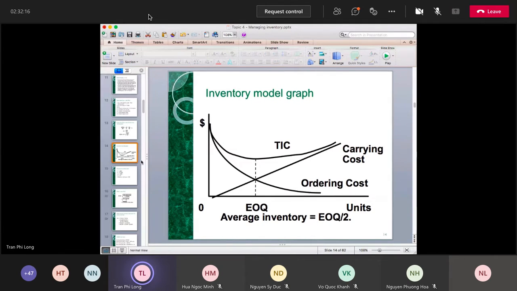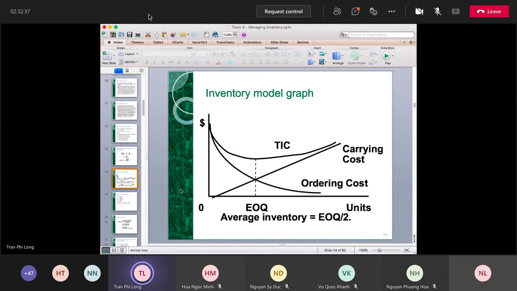So we have the EOQ graph here. The TIC will equal the total of carrying cost and the ordering cost. And we need to find the level of Q in order to minimize the total inventory cost.